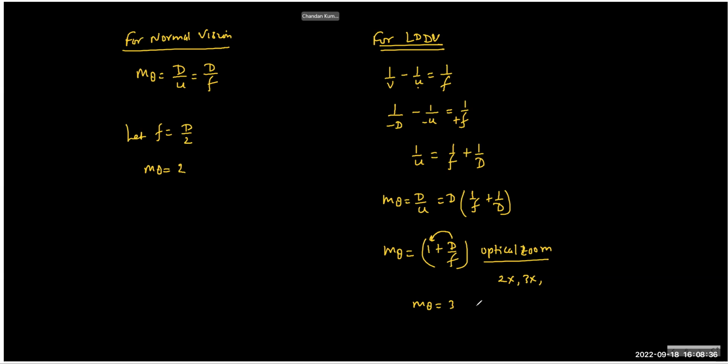Let's say if I have 5x optical and 20x digital, or 10x optical and 15x digital, I'll still go for the 10x.